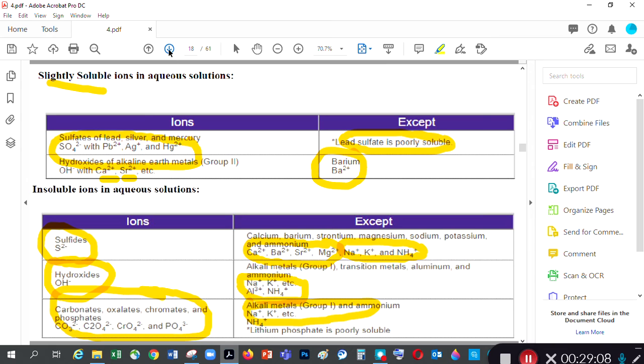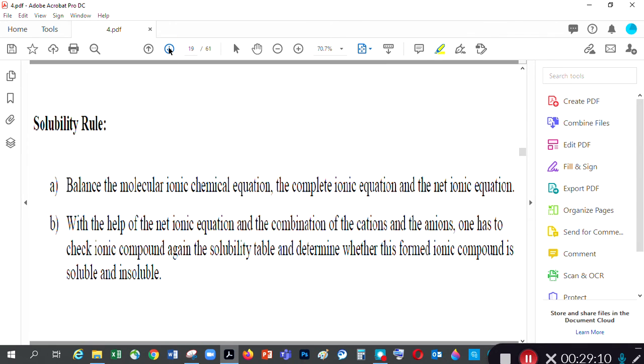Now let's look at this solubility rule. You balance the molecular ionic chemical equation, correct? And you get the complete ionic and the net. That's the whole key. You get the net ionic, and you get the precipitate. Take the precipitate and look at the table. Match this precipitate's solubility with the table's solubility.